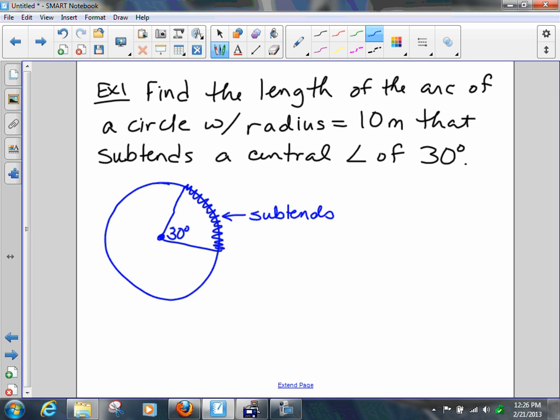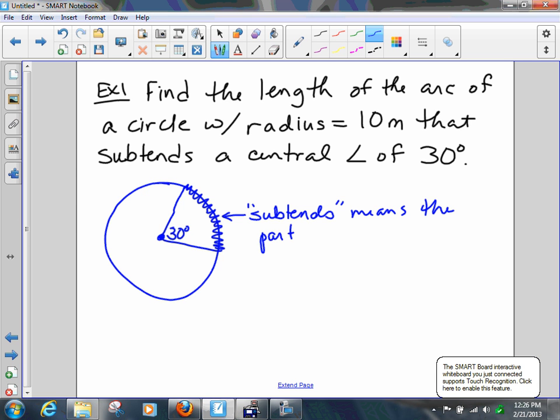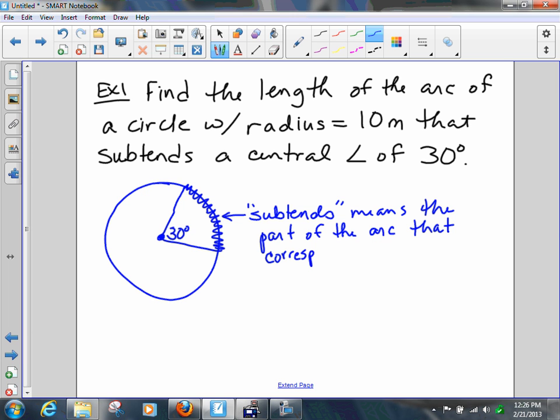Subtends means the part of the arc that corresponds to your central angle.